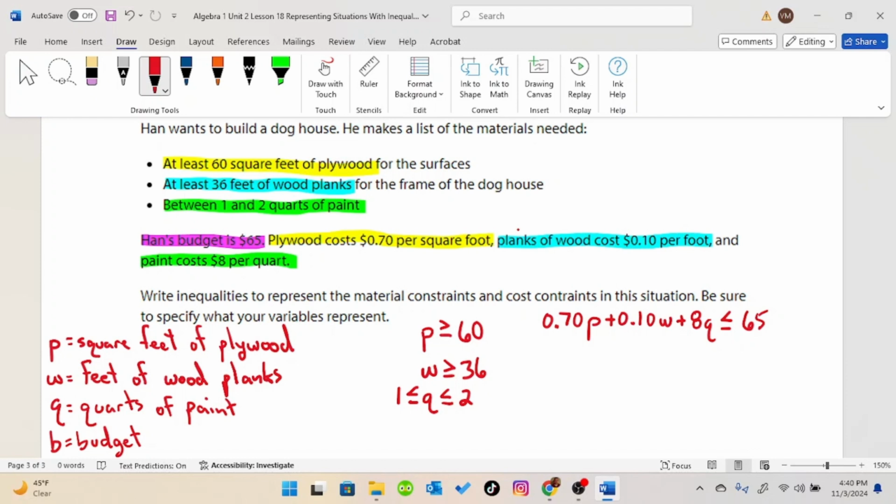So now we've represented all of our variables. We've represented the three inequalities that track the quantities of the plywood, the wood planks, and the quarts of paint. And we've created the inequality that represents the cost. The budget, since we knew that it was $65, we don't need a variable for that.